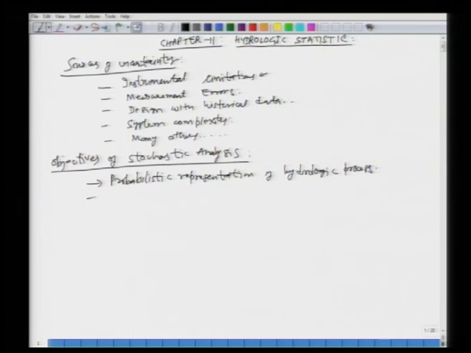What is the second objective? What is the purpose of carrying out this hydrological analysis of your variables under uncertainty? Well, all this analysis is going to lead us to some kind of design. We want to design, let us say, a dam or a bridge, for which we want to know the magnitude of the flood or the discharge that is expected in the river, because your design has to be safe for the worst case scenario.